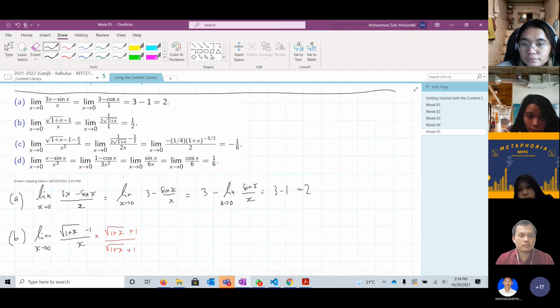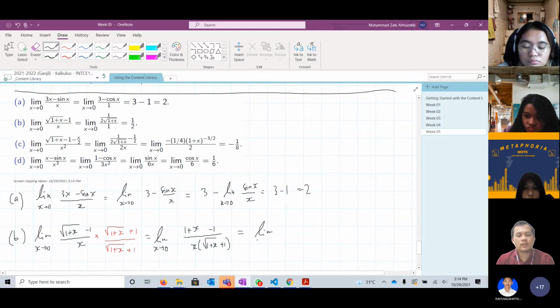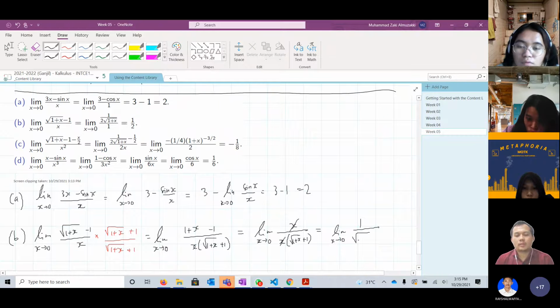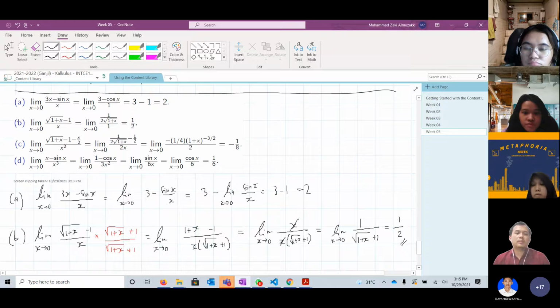In this case, we have the limit as x goes to 0 of 1 plus x minus 1 over x times square root of 1 plus x plus 1, which is equal to the limit as x goes to 0 of x over x times square root of 1 plus x plus 1, which is now the limit as x goes to 0 of 1 over square root of 1 plus x plus 1, which is 1 over 2. Half. You see that we get the same value, right?